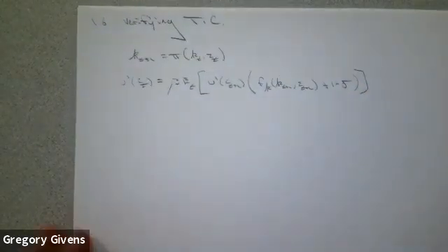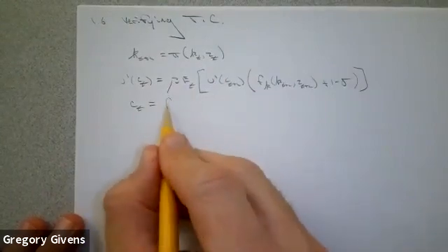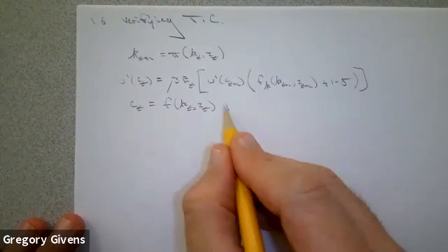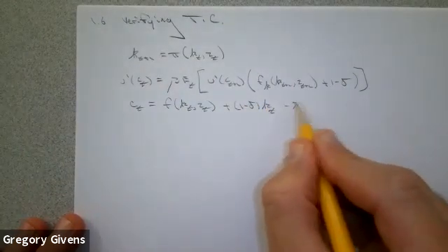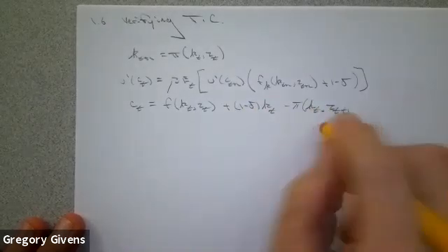And it must also satisfy the period-by-period solvency condition: c_t is equal to f of k_t, z_t plus 1 minus delta times k_t minus pi of k_t, z_t, in other words, k_t+1.